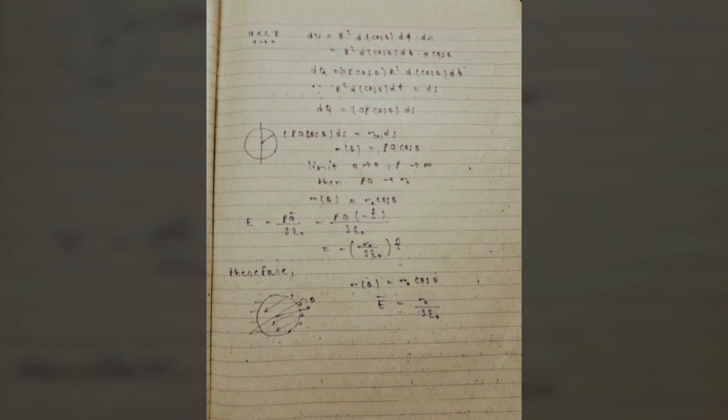In the limit of a going to 0 and rho going to infinity, such that rho a goes to some sigma 0, I can write sigma theta as sigma 0 cosine of theta.